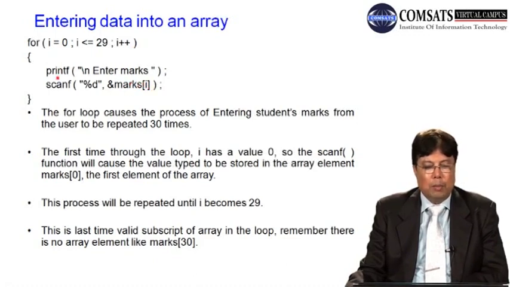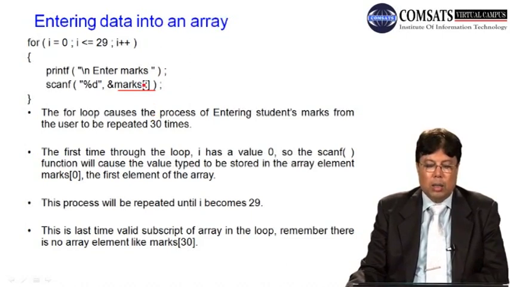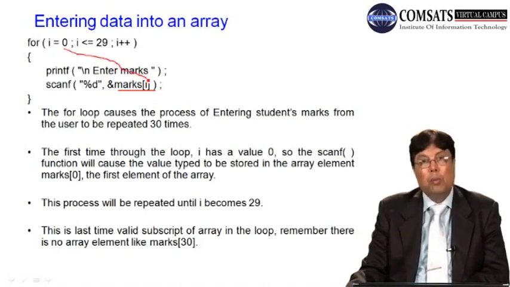So we can printf enter the marks. Scanf, the old scanf function, ampersand sign के साथ, just like we are using it like a variable. Marks एक वेरिएबल हो गया और सिर्फ उसके एलिमेंट को पिक करने के लिए स्क्वायर ब्रैकेट्स के अंदर i, और this value of i is being provided through this for loop.